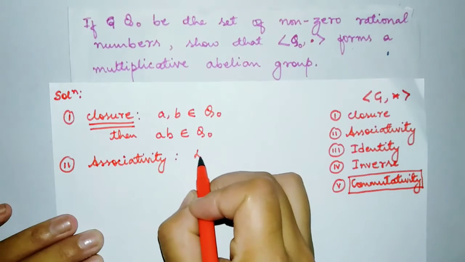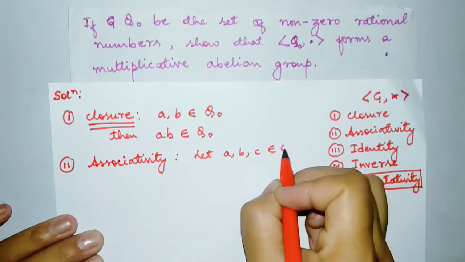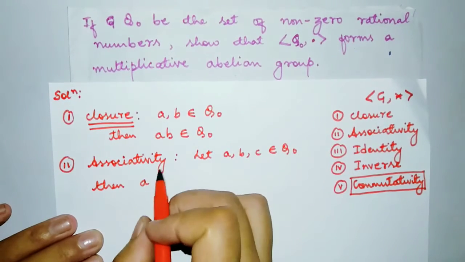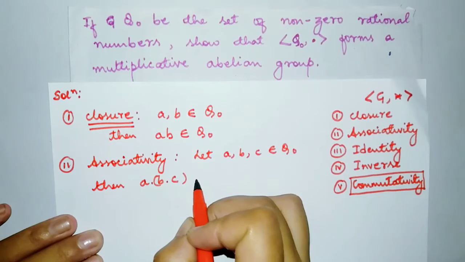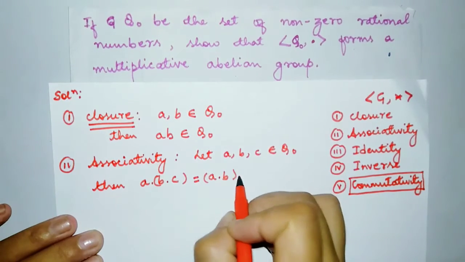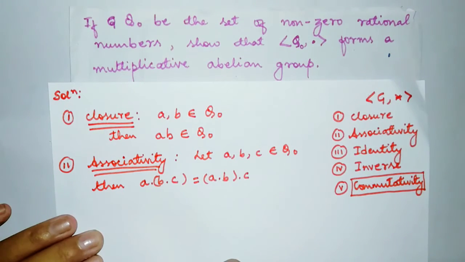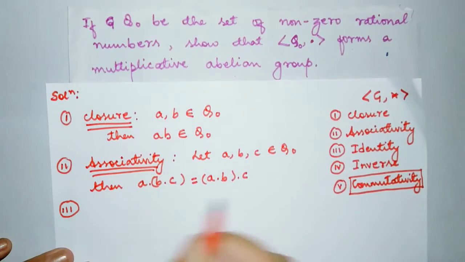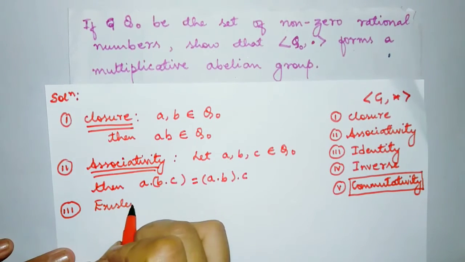Here we take three elements, A, B and C from Q0. Then A into B into C is always equal to A into B into C. Hence, the associativity also is satisfied. Now we check for the existence of identity element.